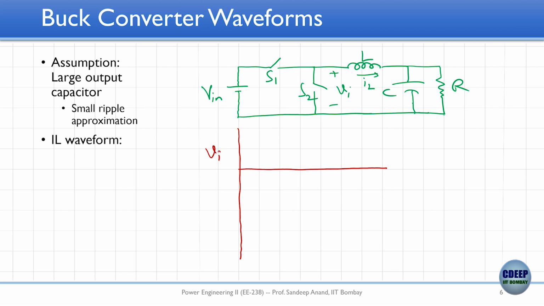If I draw first Vi as we have seen, it looks like this, where if this is 0, this is T on, this is Ts, and of course the cycle keeps on repeating.